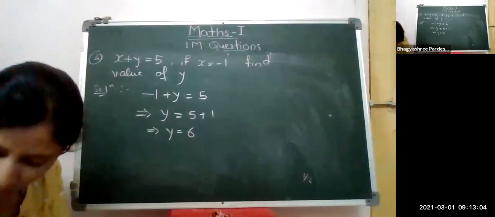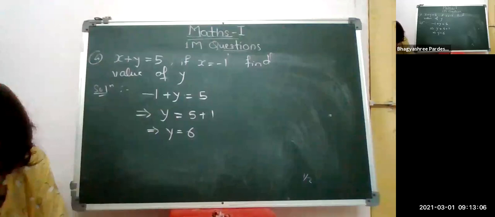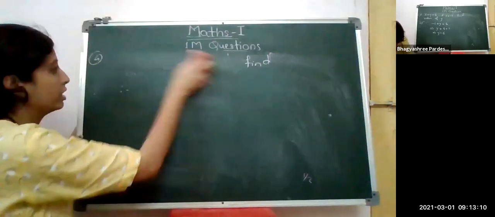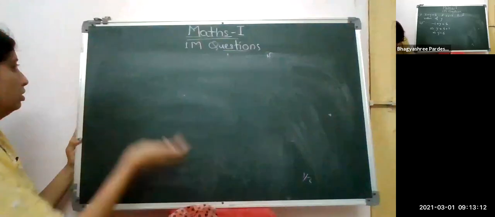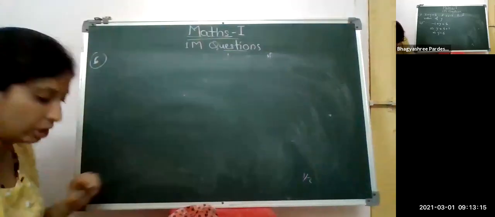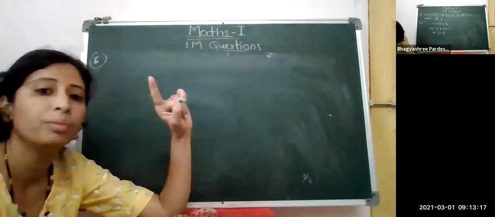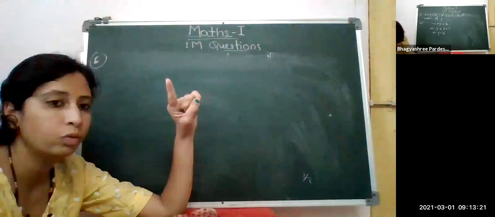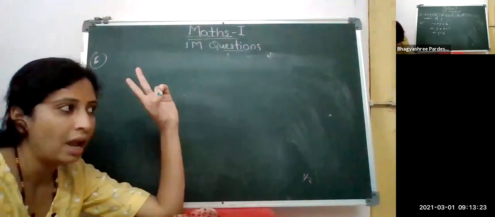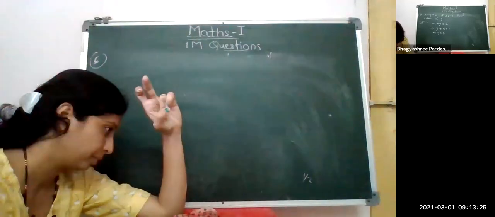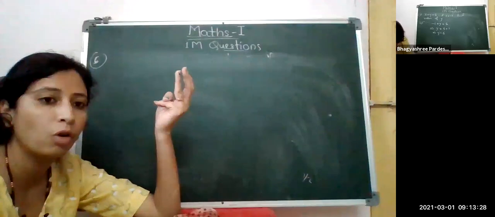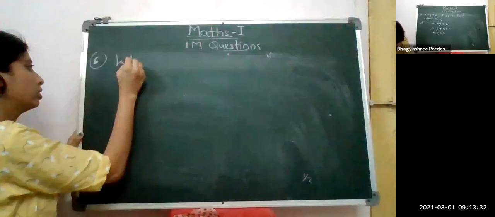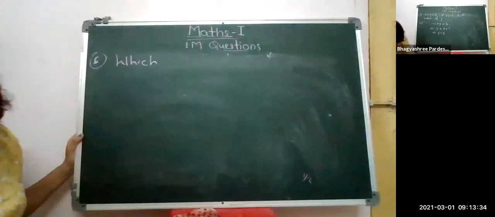We'll get this one. Then again, a few questions now we take from the quadratic equation. Suppose which type of questions can be asked from the quadratic equation? Now we know that in quadratic equation we have to remember mostly the standard form, the formula method, and the discriminant, with the help of which we can identify the nature of the roots also. So one question is here: which one of the following is a quadratic equation?